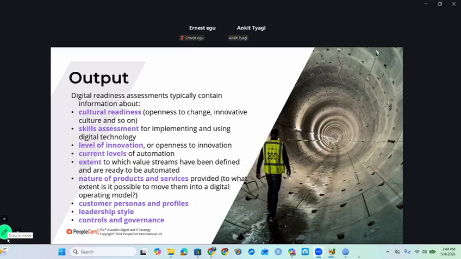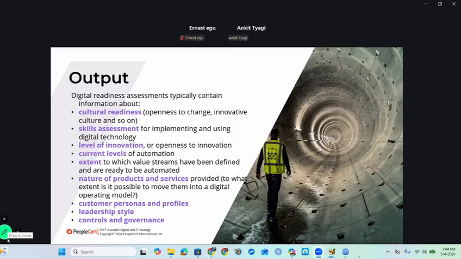Current levels of automation. What is currently automated within the organization? Extent to which the value streams have been defined and are ready to be automated. Nature of products and services provided, to what extent is it possible to move them into the digital operating model? So existing products and services, and whether we can move them to the digital operating model or not.